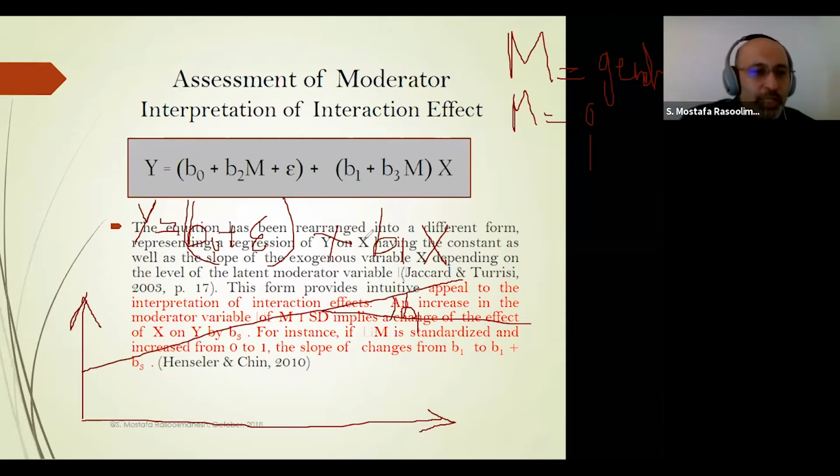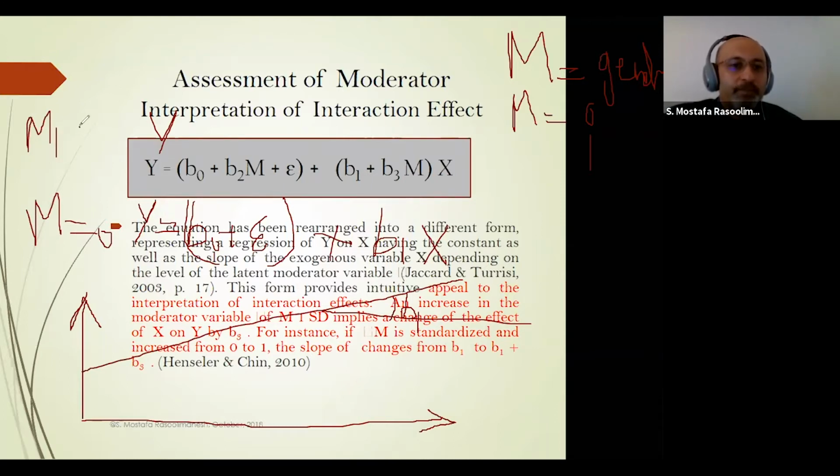What happens to this equation when M changes to 1? This one was for M equals 0.